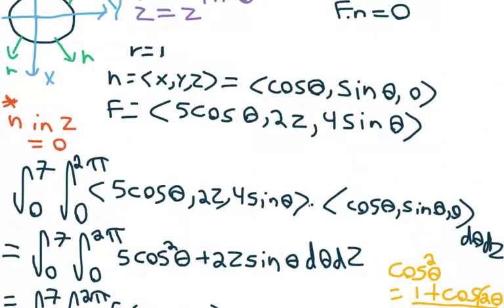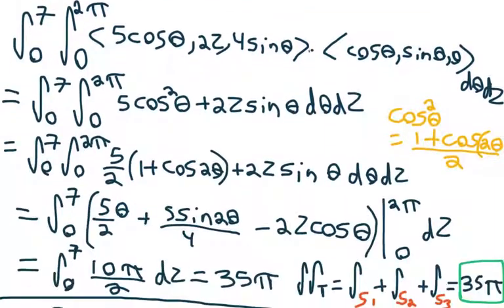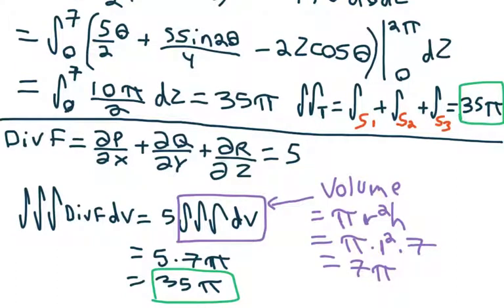However, we are not done because the question said to verify the Divergence Theorem. So we did half of the problem. Now we are going to calculate the divergence of F. The divergence of F is ∂P/∂x + ∂Q/∂y + ∂R/∂z, and that simply gives us 5. Then the triple integral of divergence F dV is simply going to be 5 times the triple integral of dV.